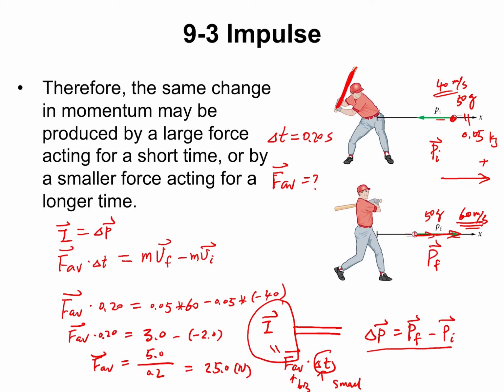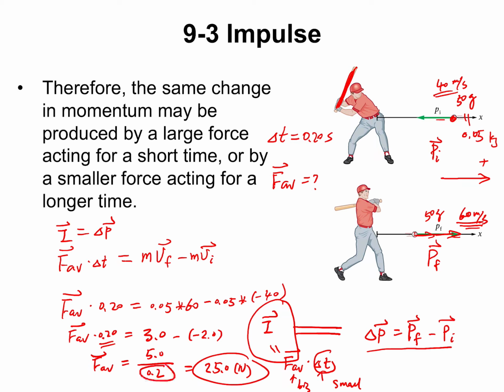If the time is even shorter, then you have a bigger force. So average force can be big or small depending on the contact time. If contact time is short, then the force will be big.